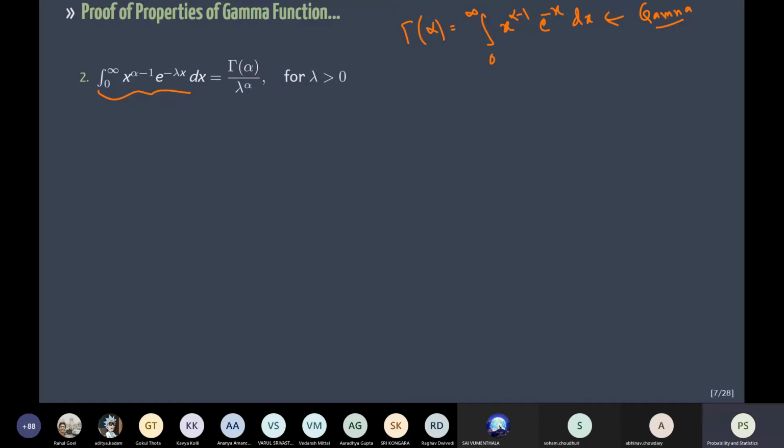Or we may start with alpha and we introduce this lambda here. That's another approach, either way we can try. Another possibility is that we start from gamma alpha and we put a substitution of x by some lambda y, such that we see this guy here. So we have to spit out this term.